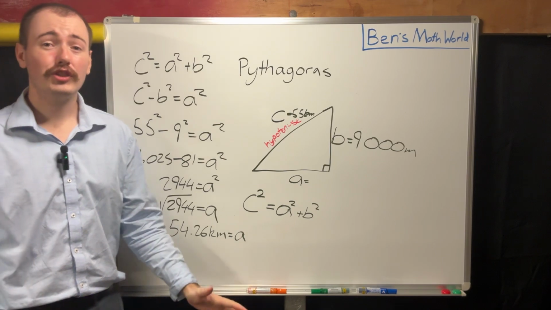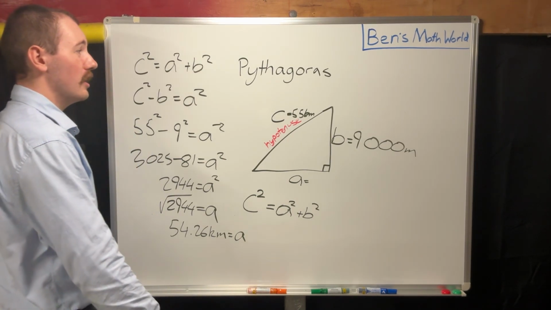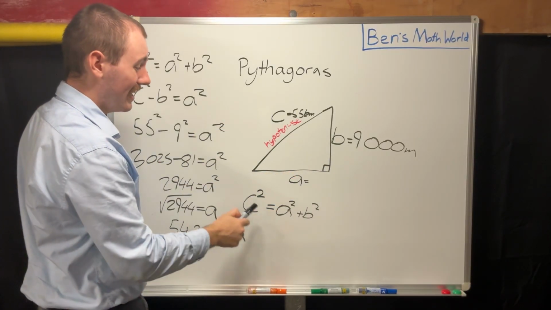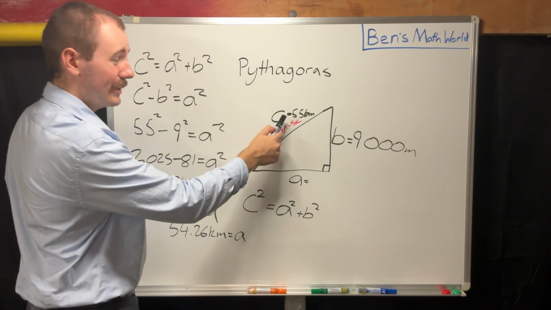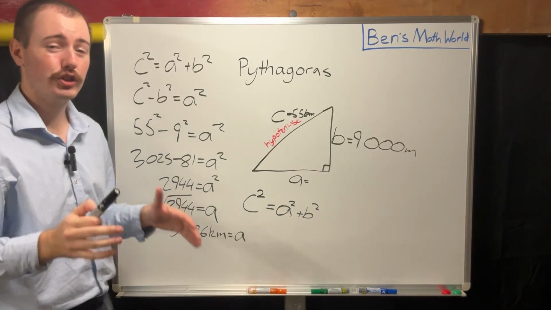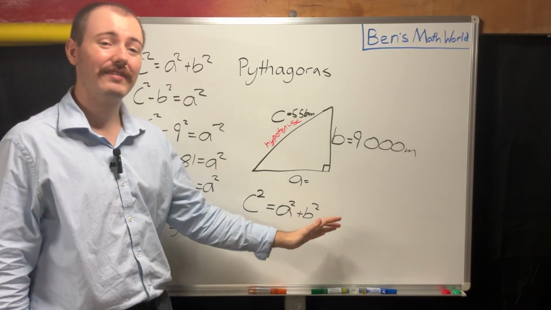Right. So let's do a quick recap on what we learned in this video. Okay. Pythagoras, right? It has to be a right angled triangle. This is our formula. C is always going to be the hypotenuse. A and B are going to be the shorter sides. When it's the hypotenuse that we're looking for, we can leave it like this.